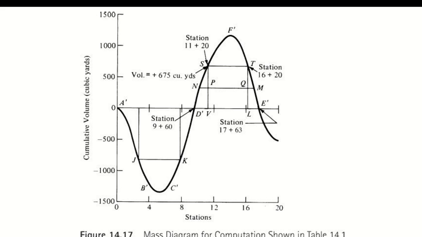The line will only cross 0 when cut equals fill, which means total balance. I excavated 100 cubic yards and I filled 100 cubic yards, so 100 minus 100 equals 0. That's why we call it the balance line.